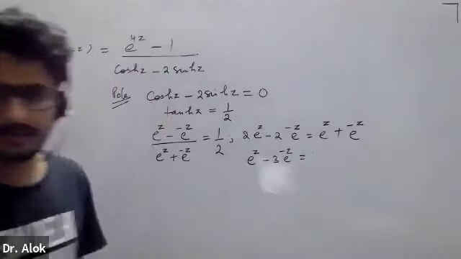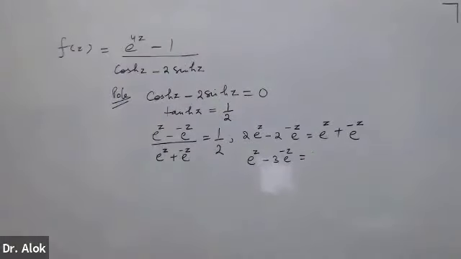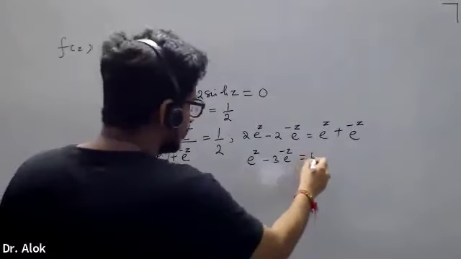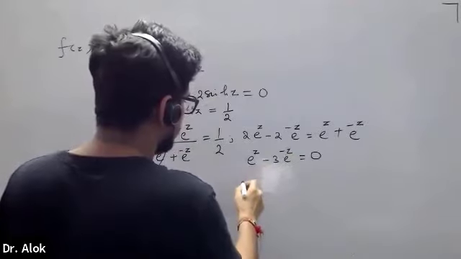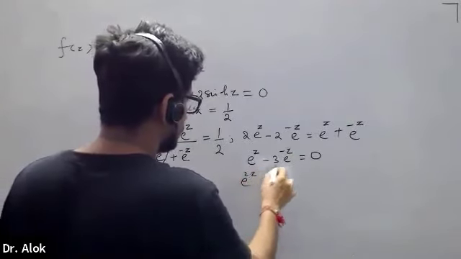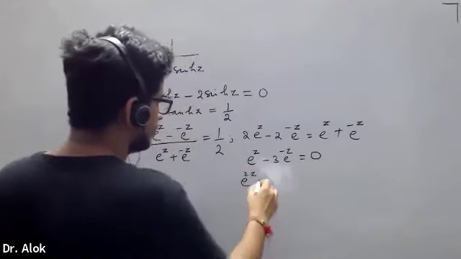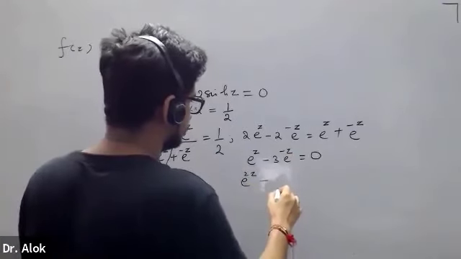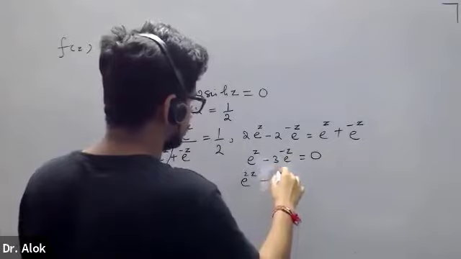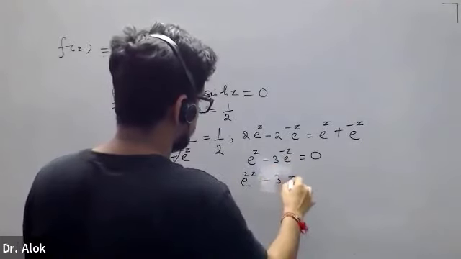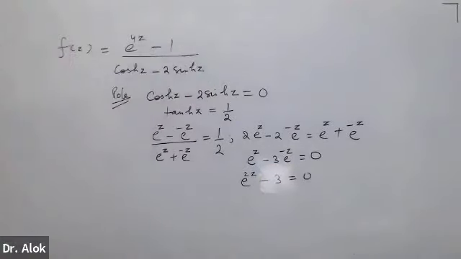What will be on this side? 0. So this will become e to the power 2z minus 3 is equal to 0.